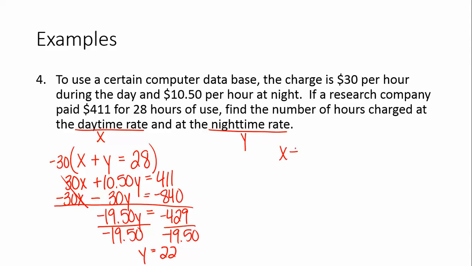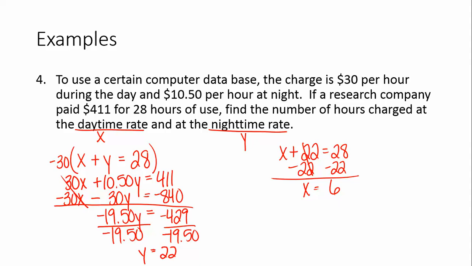We're going to use that first equation, plugging in y to solve for x. And some of you probably don't even have to show all of this. You know that if it's 28 hours altogether, 22 of them were at night. That leaves 6 during the day.